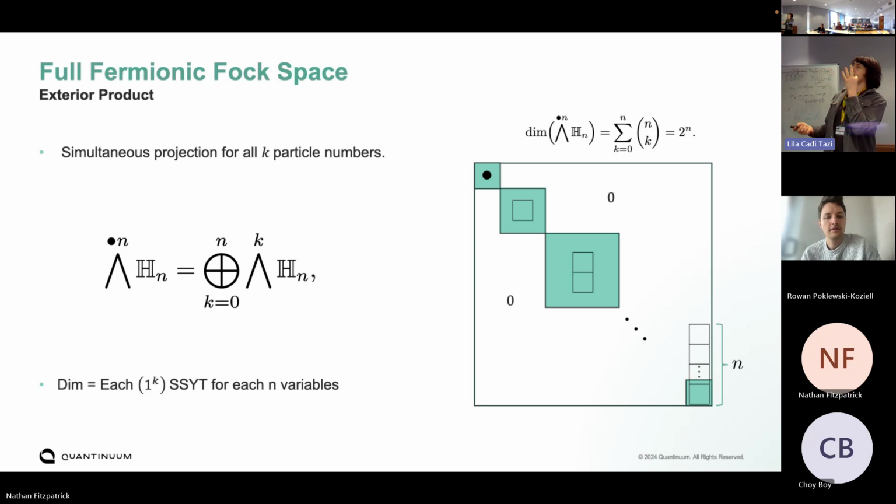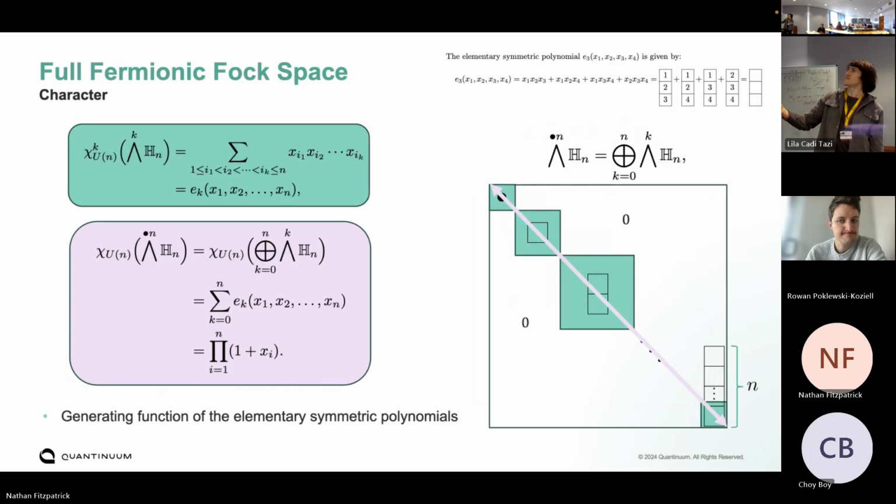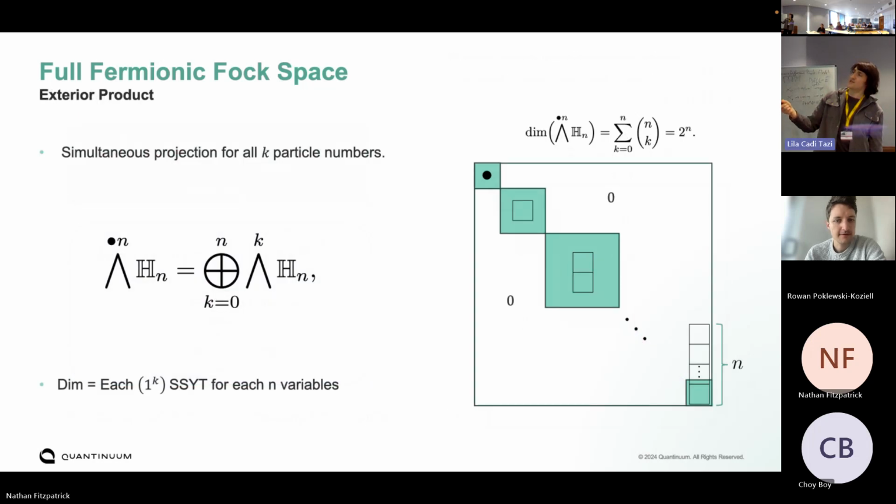And what happens is when we do this simultaneous projection into each of the particle number subspaces, we get the anti-symmetric irrep, which is due to the Schur duality of the unitary group for each particle number subspace. So that gives us the 0 particle, the 1 particle, the 2 particle, etc. These become these irreps.